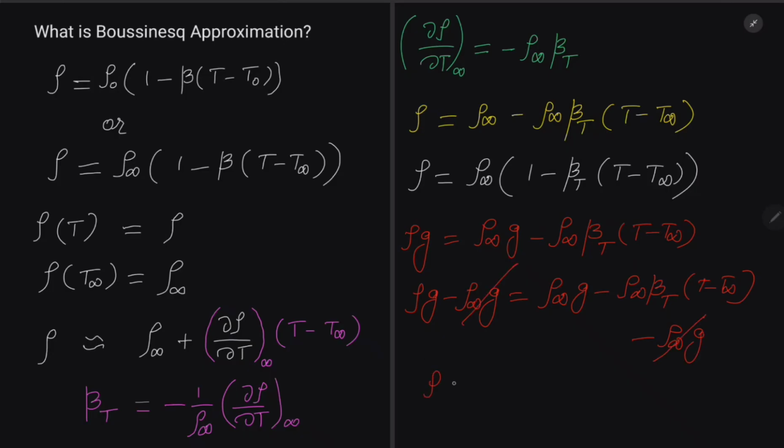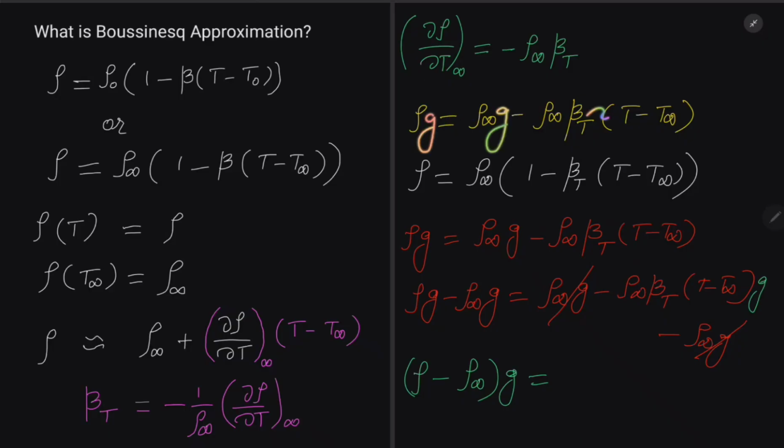So we have rho g, sorry, this will not cancel out. This term will cancel out from here. And we have rho minus rho infinity times g, and on the right hand side we have g as well, since we multiplied this whole term with g.